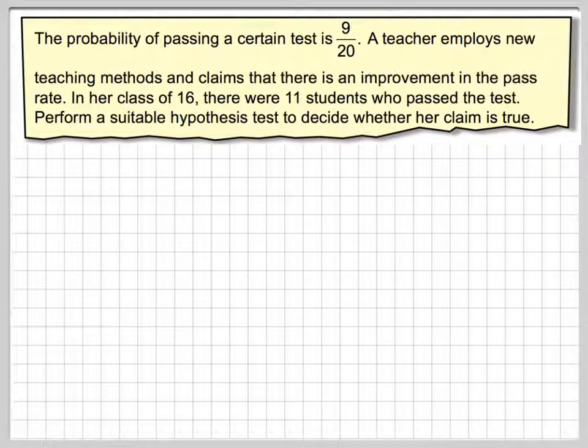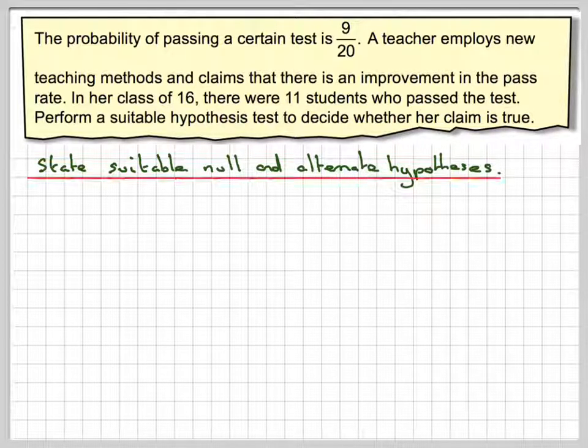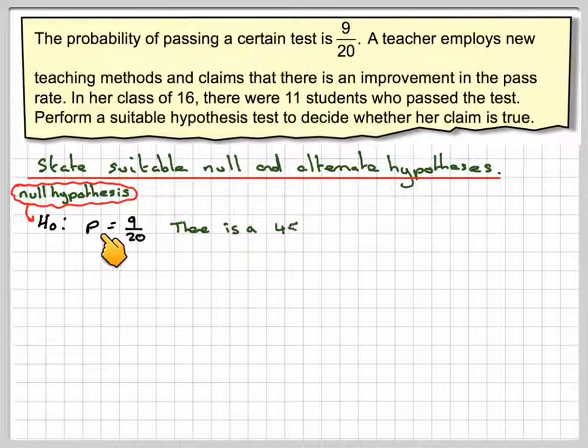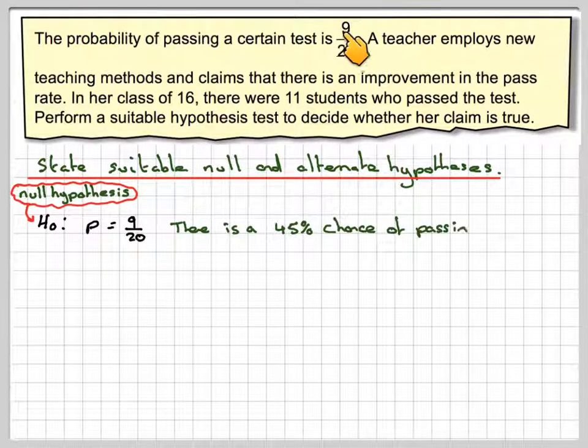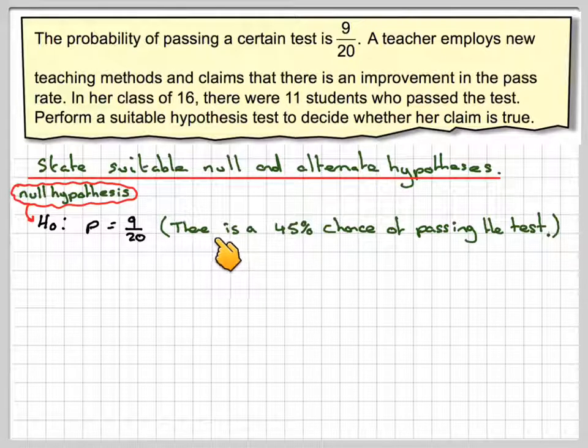Right, there are going to be several steps here, and these are going to be highlighted in green and underlined. So it says, first state suitable null and alternate hypotheses. H0, which we call the null hypothesis, is that the probability of success is 9 out of 20, given in the question, and in words we could write there is a 45% chance of passing the test.